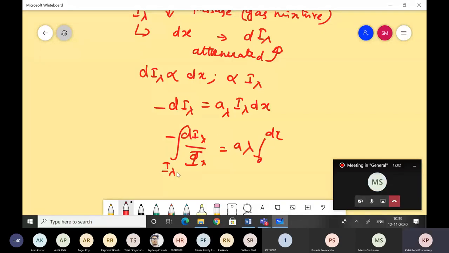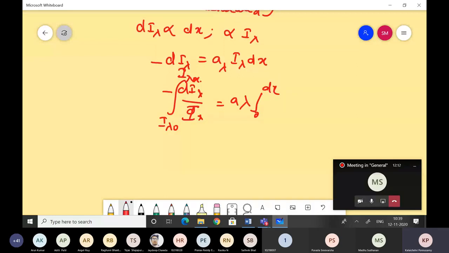We try to rearrange the terms. This is I lambda naught to I lambda x. So you will get I lambda x is equal to I lambda naught into exponent of minus a lambda into x, right?